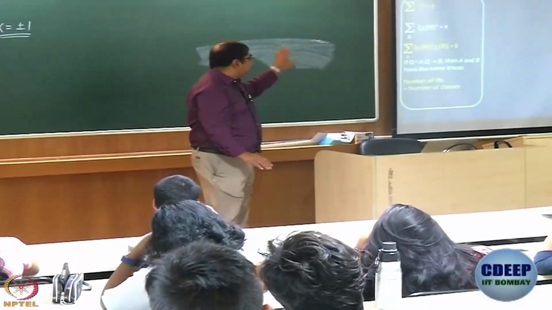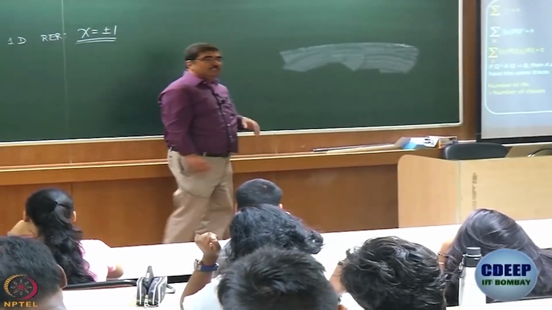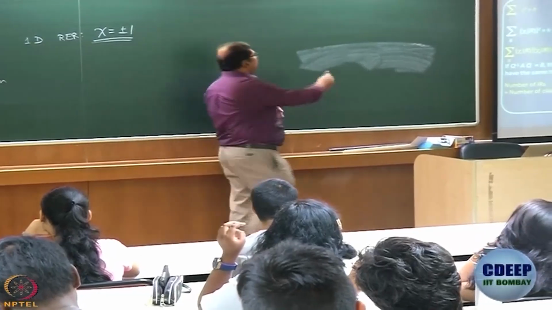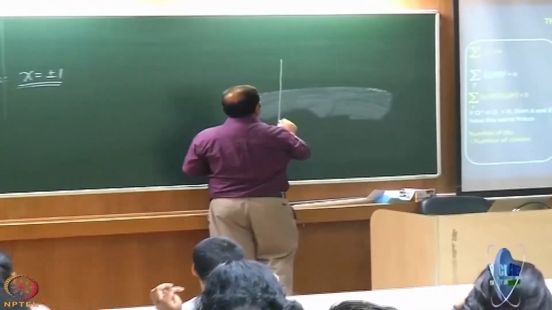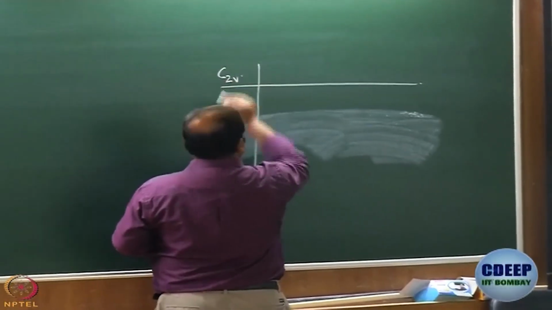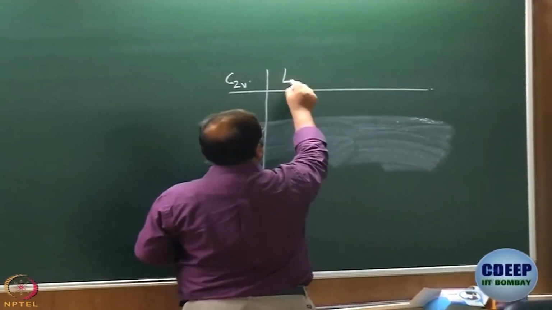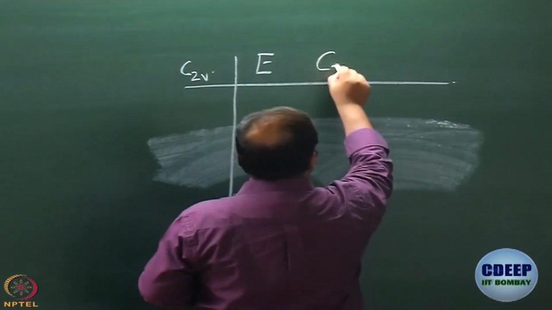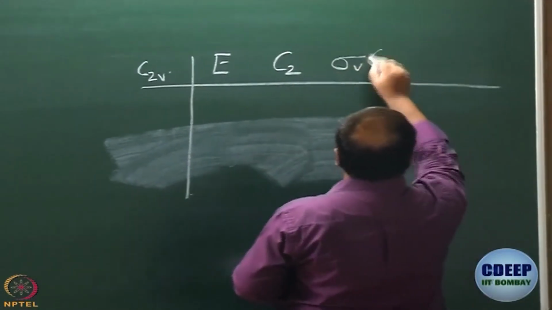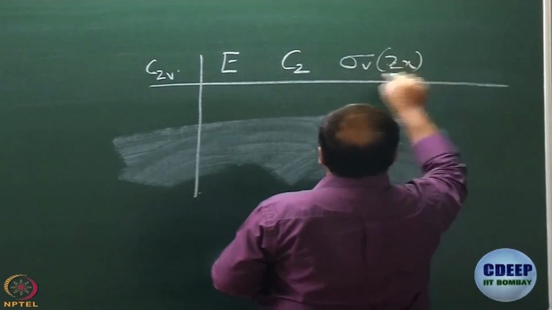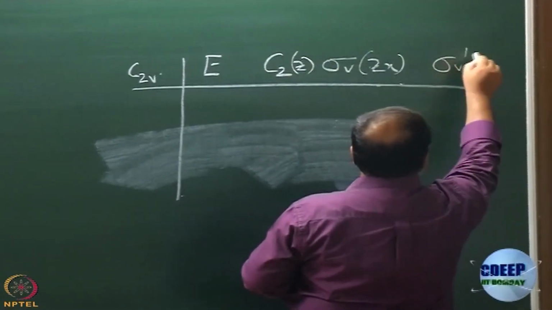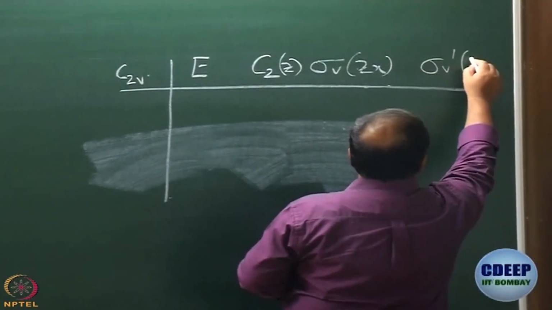So, these are the 5 rules we need to know. Number of irreducible representations equal to number of classes. So, let us take our familiar example, C2V. What are the symmetry operations? E, C2, sigma V, which we will write as Zx, and sigma V dash, which is Yz.